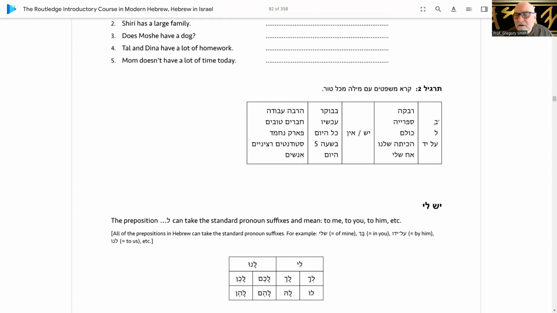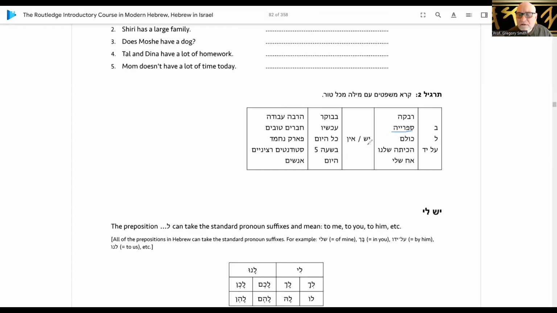So we have Besipria, which is a library. Let's see, I think we probably use this bet. Besipria, in the library. Wait, no, wait a minute, that's messing this up here.